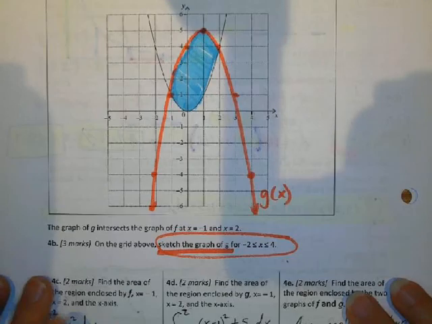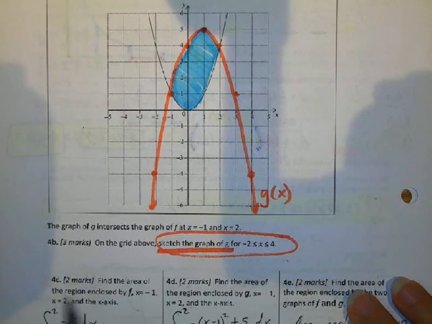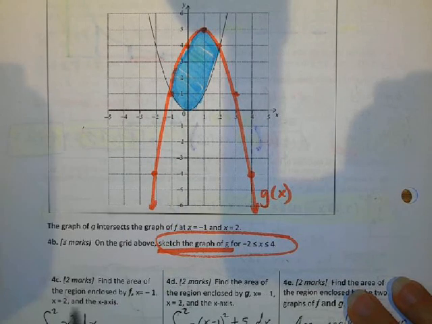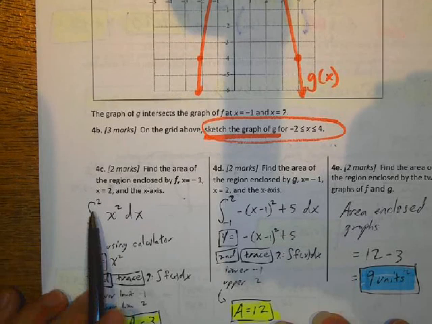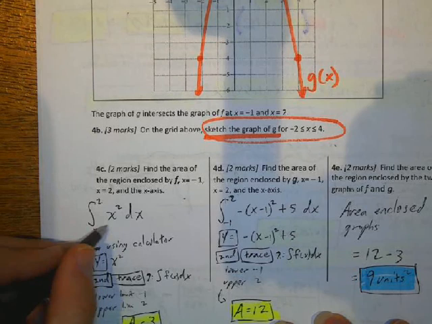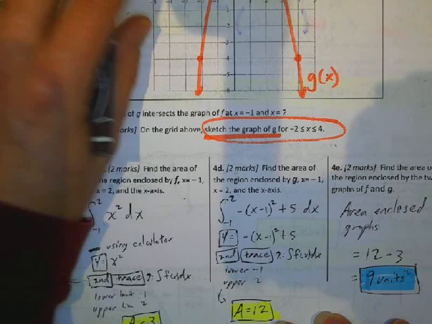Find the area of the region enclosed by x equals -1, 2, and f of x, and the x-axis. So basically from -1 to 2, and that function f is x squared.